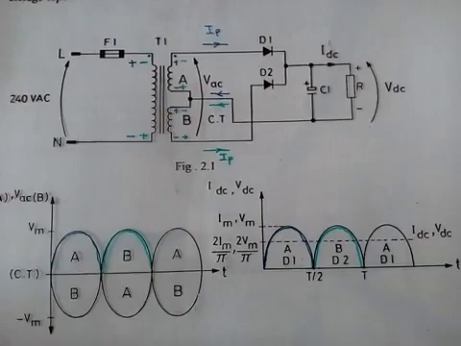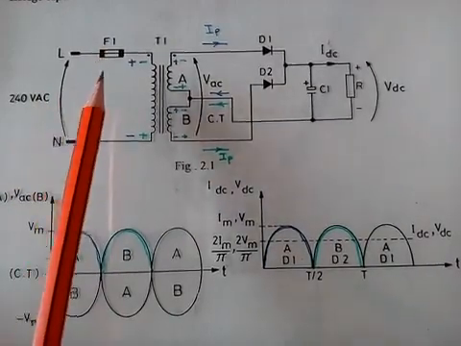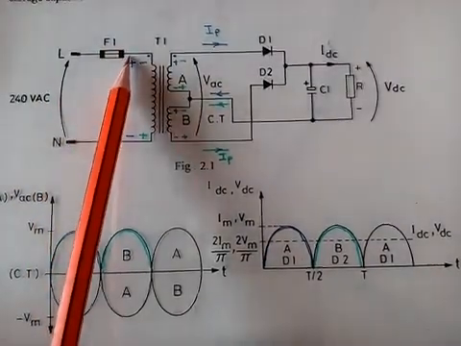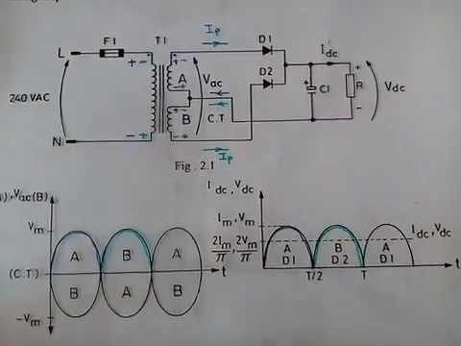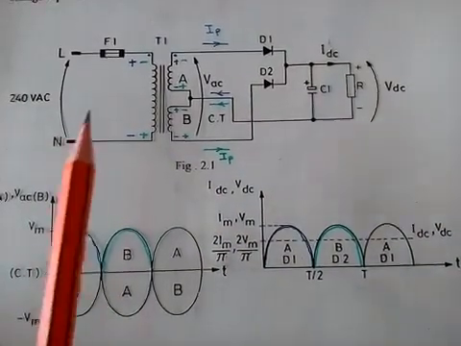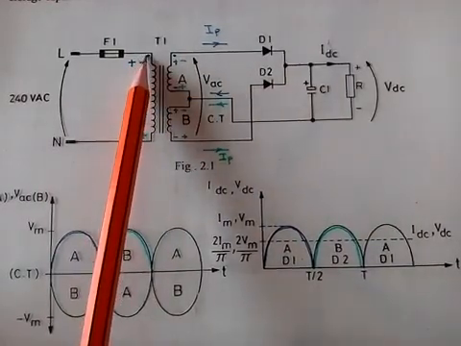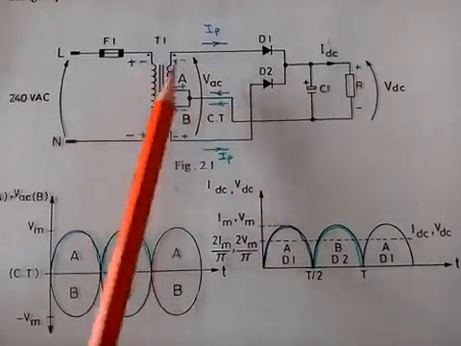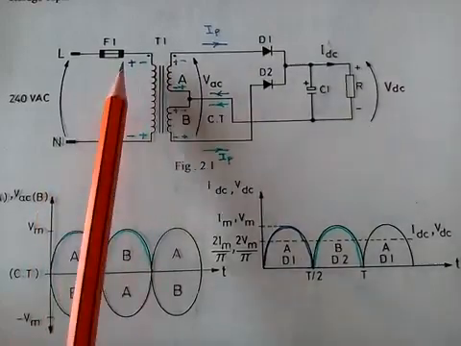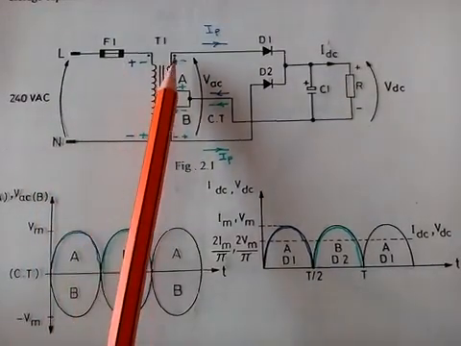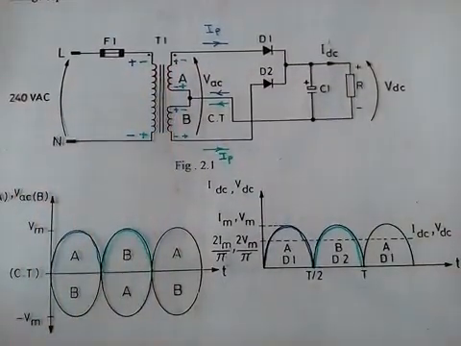We start first with the blue polarities. You have your positive here and your negative in here. And the primary is aligned with the secondary. That means you have those two little dots in here that indicate whenever you have a positive at the primary, you have a positive at the secondary right here.